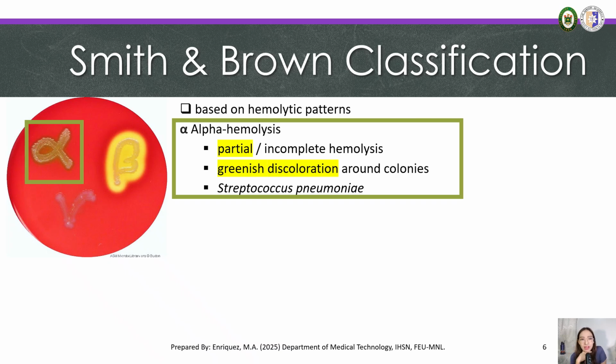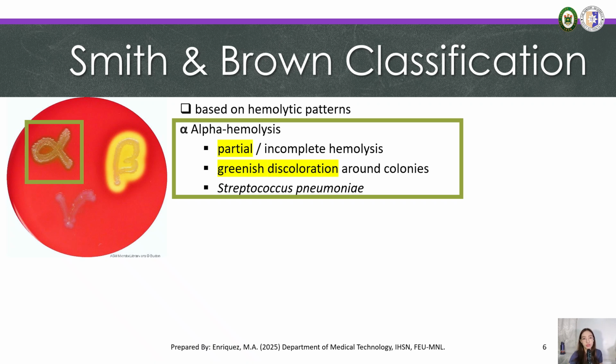Ayun nga po, medyo nagbago yung itsura nung blood agar plate, 'di ba? And yan nga po, that's what we're seeing as a greenish discoloration, and again that only indicates partial hemolysis. So again, we refer to that as alpha hemolysis. All right. So again, do not forget our example of an alpha hemolytic organism.